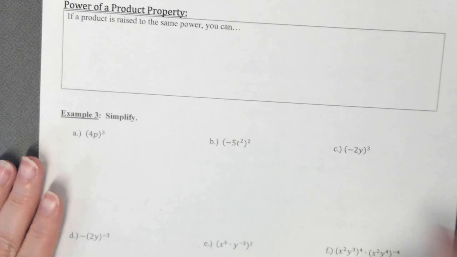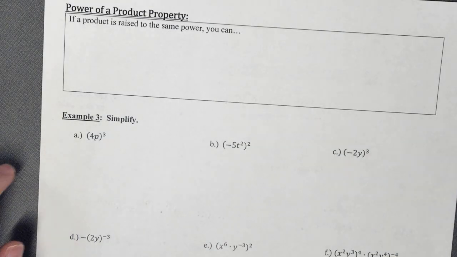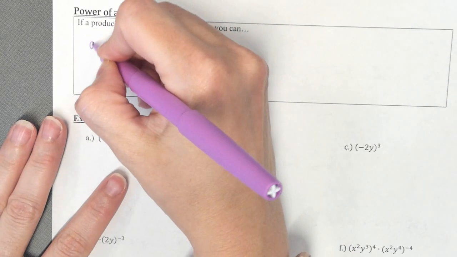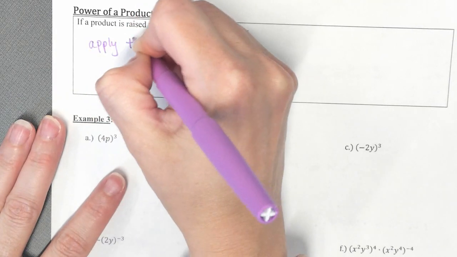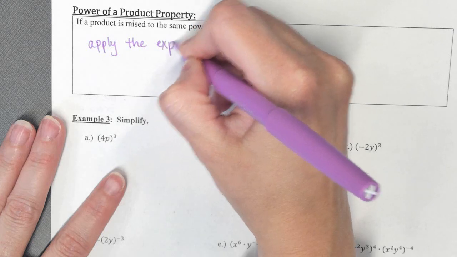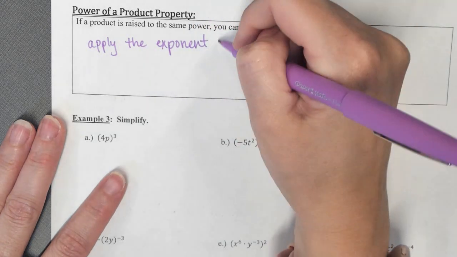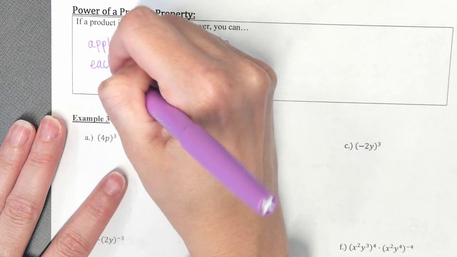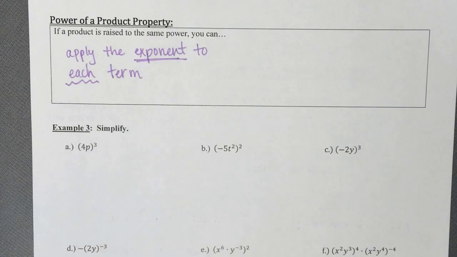If a product is raised to a power, we are going to apply the exponent to each term, and each term is going to be inside the parentheses.